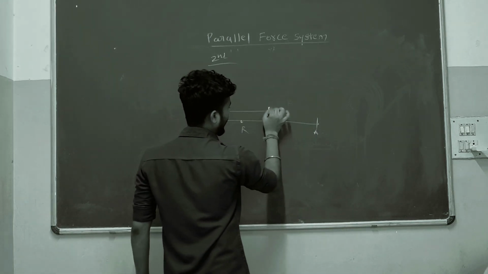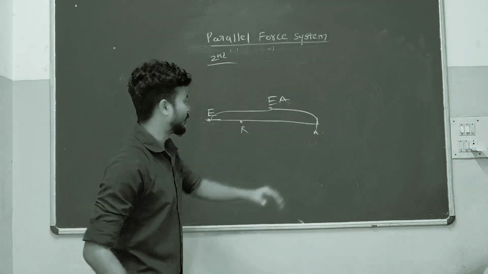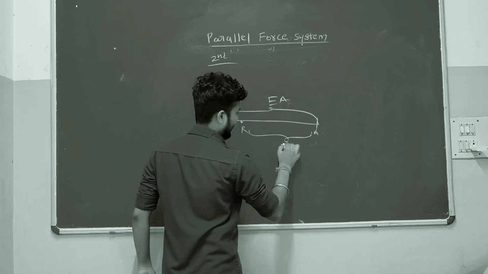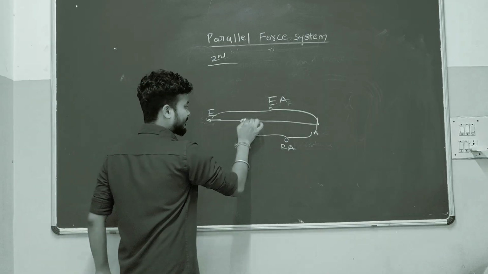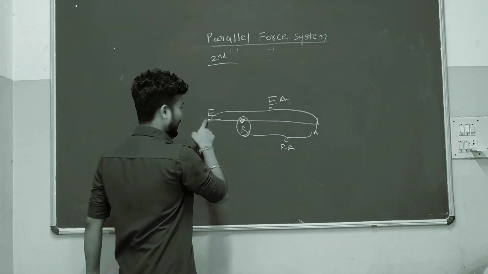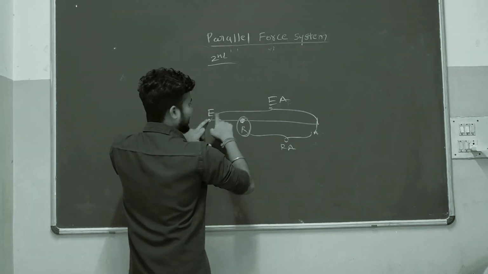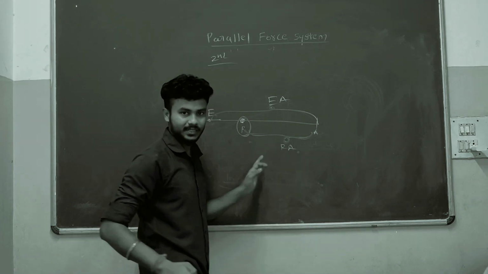The effort arm is more, and the resistance arm is less. In this second order lever, the resistance will be in the center of the lever.